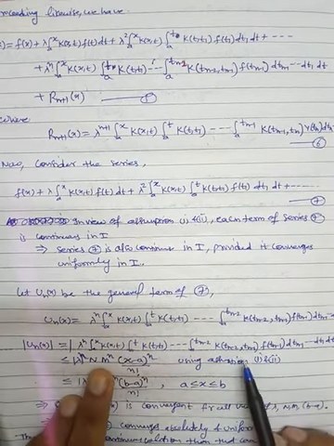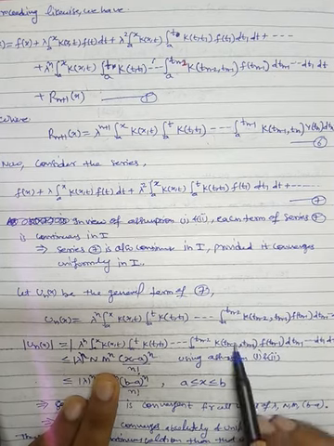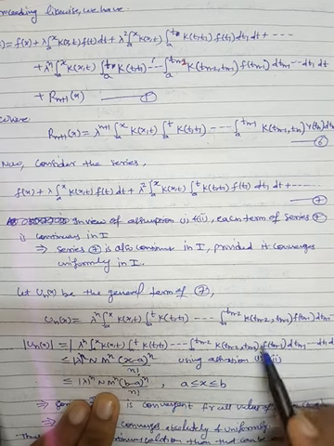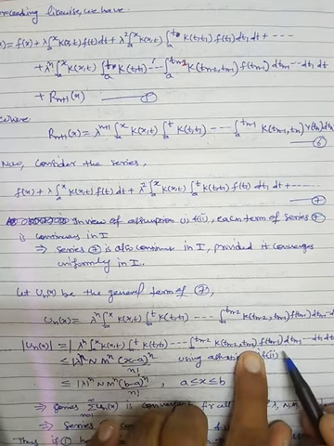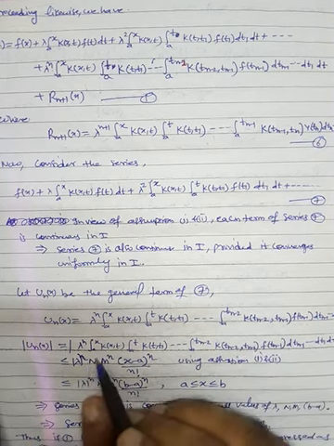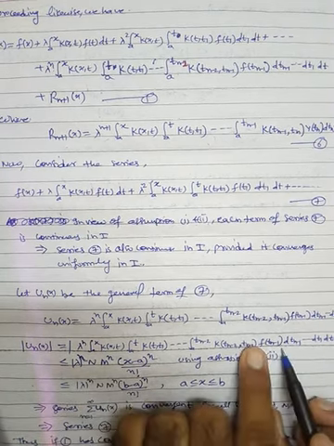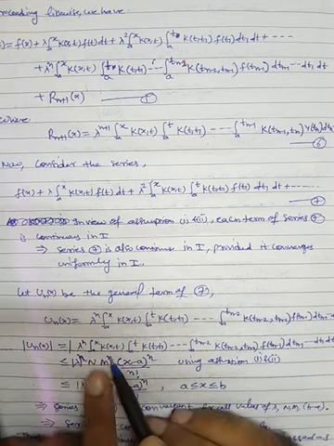How many M's are involved? In total n. So M into M into M gives M raised to the power n. Here we have f(t), so take the magnitude of this, which is bounded by N. So we get magnitude of lambda raised to n, into N, into M raised to the power n.